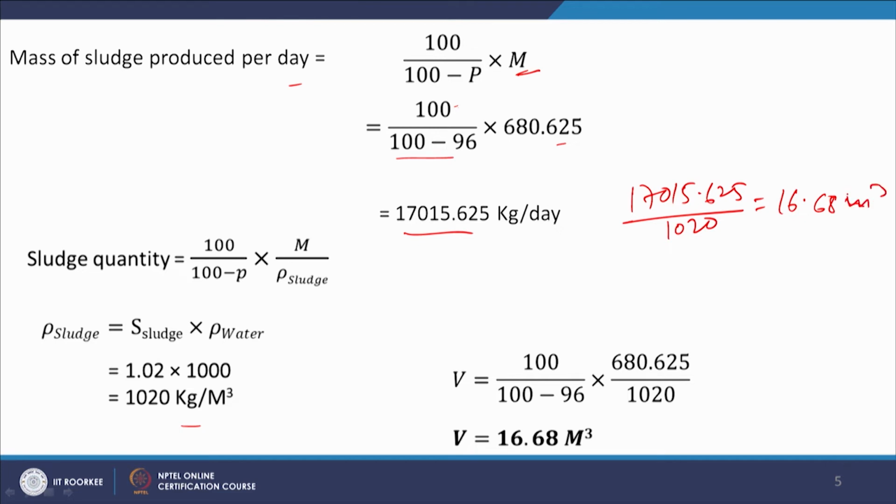Or alternately, the same formula, that is 100 by 100 minus P into m by rho of sludge. The sludge quantity will actually be this formula. This part we have already calculated here, dividing it by this. Alternately, we can put this value in this expression, and we can get the value of 16.68 meter cube.